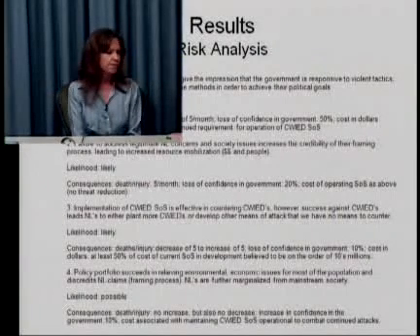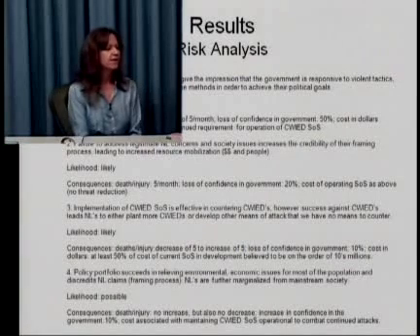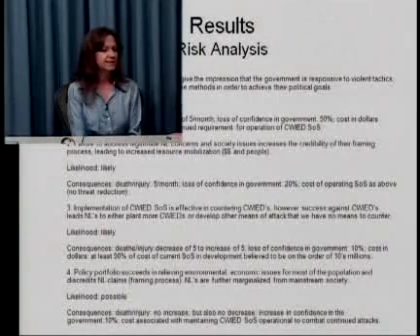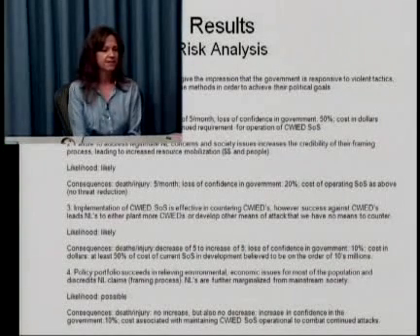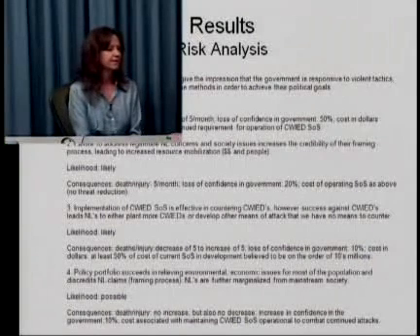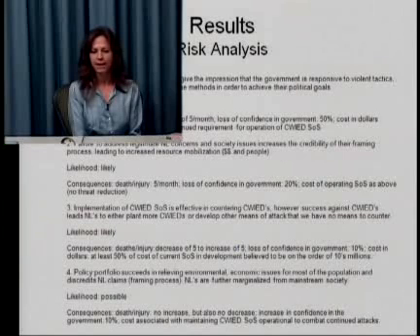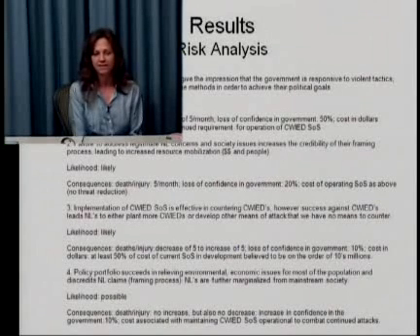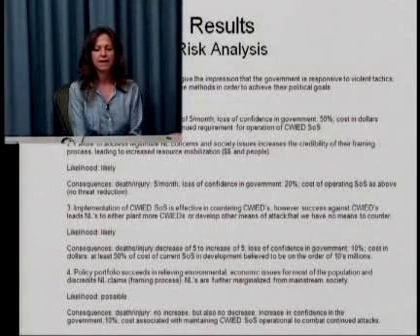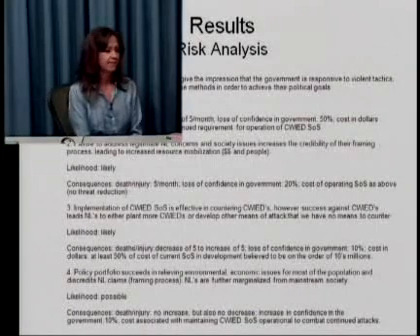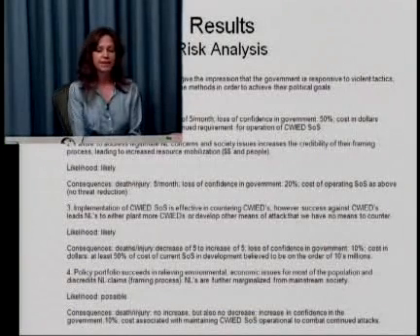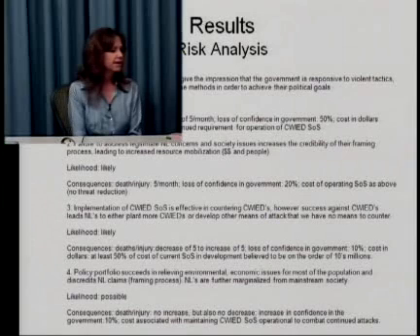The second scenario is the do-nothing scenario. Failure to address legitimate neo-Luddite concerns and society's issues increases the credibility of their framing process, leading to increased resource mobilization, both money and personnel, and increased tolerance for their cause and their actions. I view that scenario as likely if we do not do anything to address the situation.